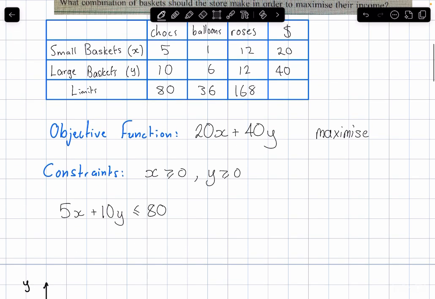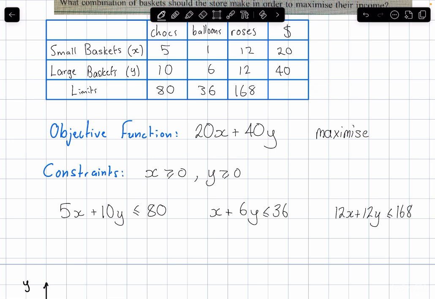So that's going to be my first constraint. My second constraint is the balloons, which is just going to be x plus 6y, and I've only got 36 balloons, so less than or equal to 36. And then finally the same with roses, so 12x plus 12y is less than or equal to 168.